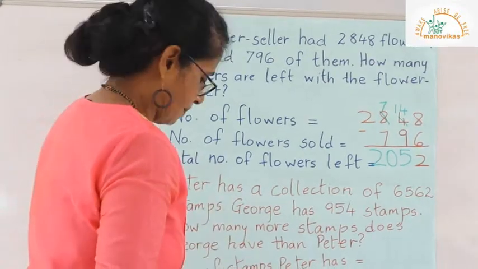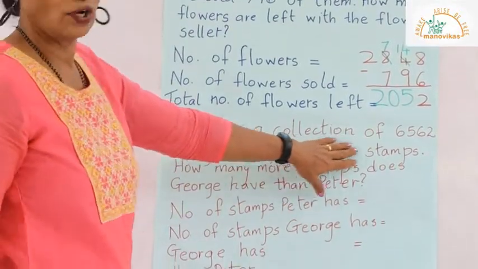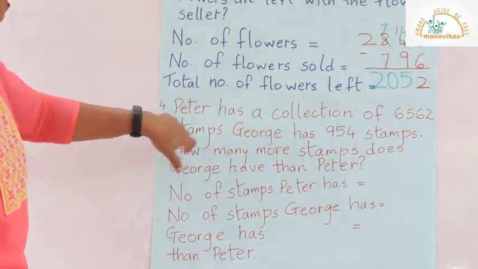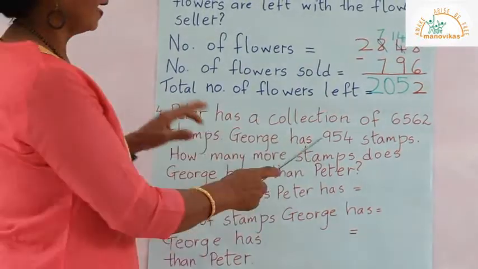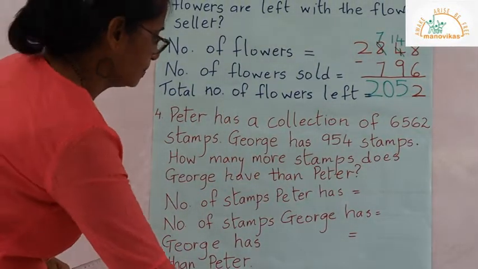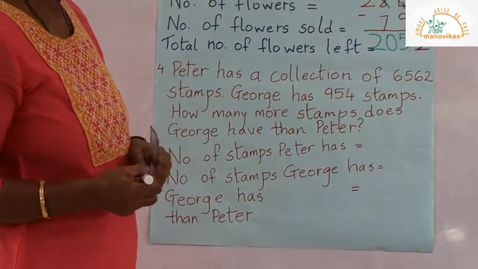In our fourth example, Peter has a collection of 6,562 stamps. George has 954 stamps. How many more stamps does George have than Peter?